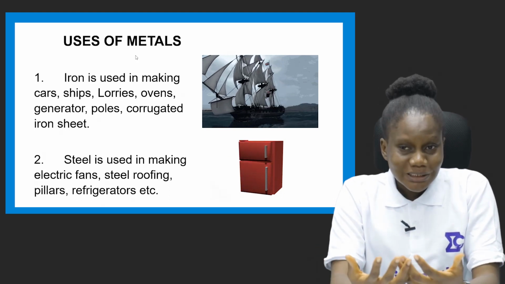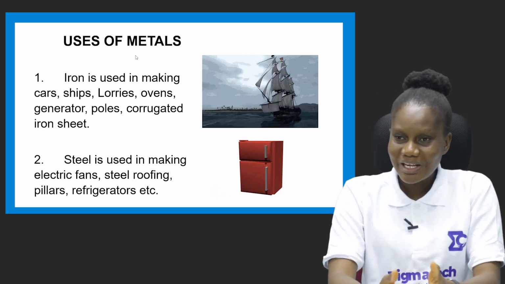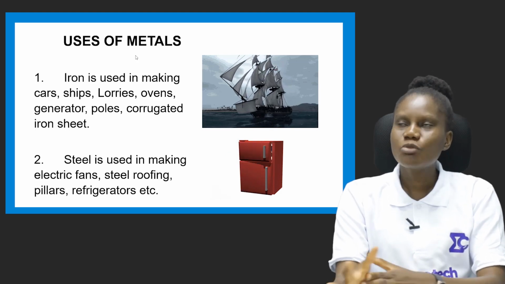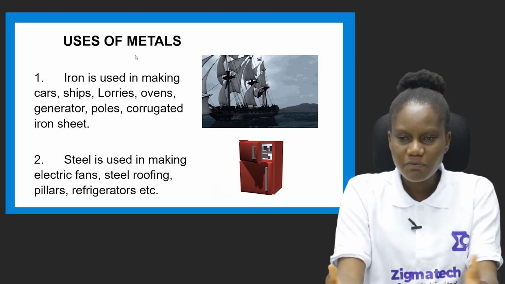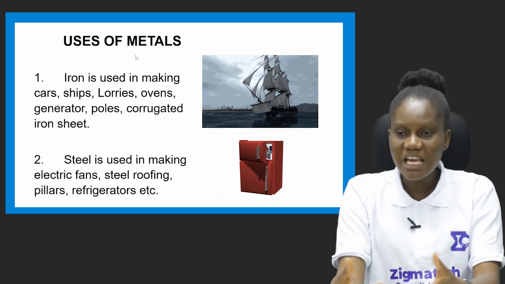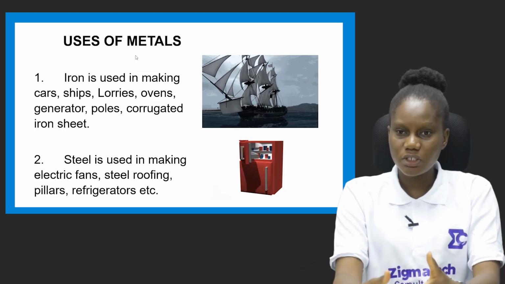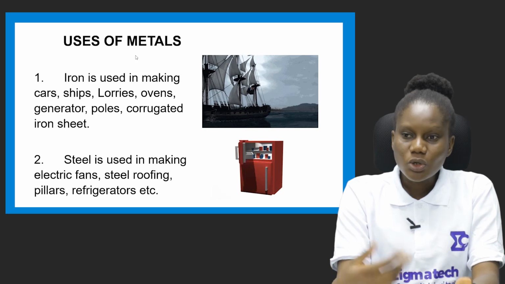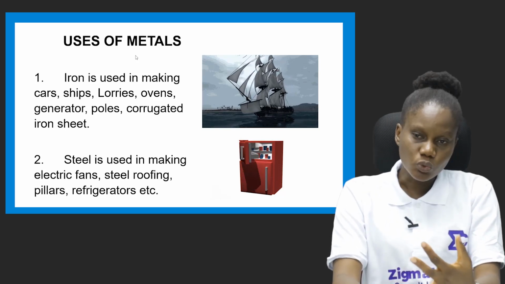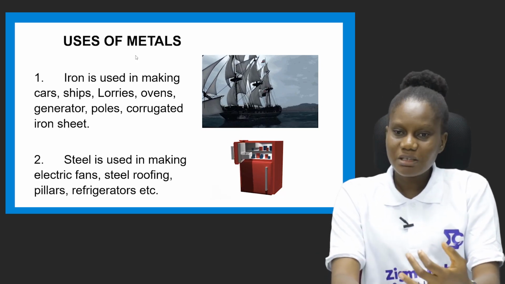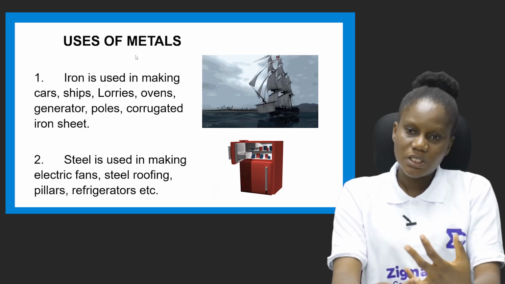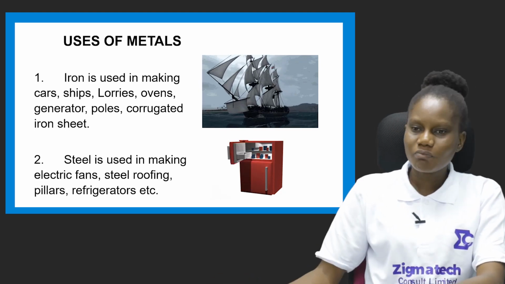All these things are metal too. They can be categorized under metal. So when you're looking at examples of metals around you, they are not far-fetched. They are very close. They are things that you see every day, things you make use of every day. Your refrigerator is a metal because it's made from steel. Your steel roofing is a metal because it's made from steel. Electric fans are metal because they are made from steel.